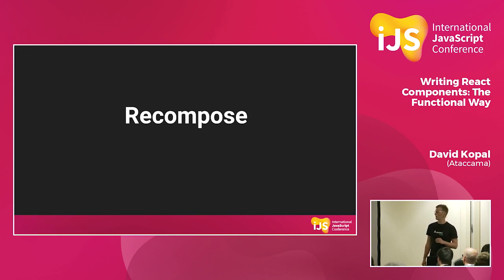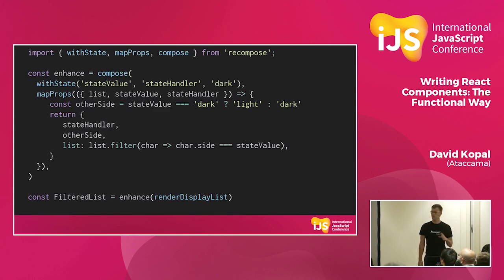So what we can do now is try to rewrite our composition using Recompose. We don't need our with simple state and with transform props higher order components anymore, because there are predefined versions called withState and mapProps. And we also have the compose function here, so we also don't need to define it ourselves.